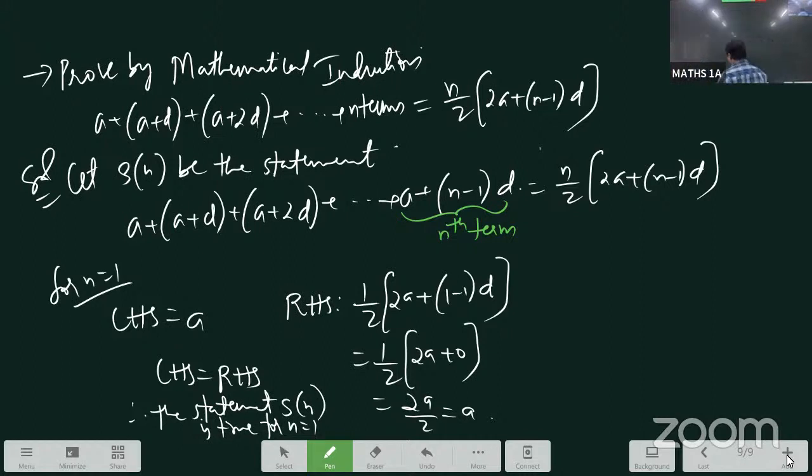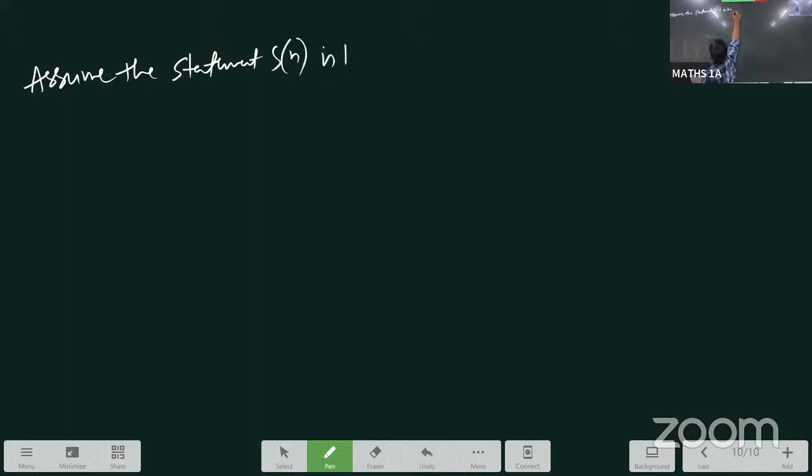Now assume the statement S of n is true for n equal to k. Wherever you find n, you put k.